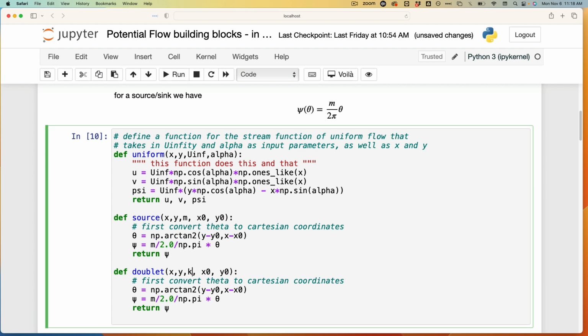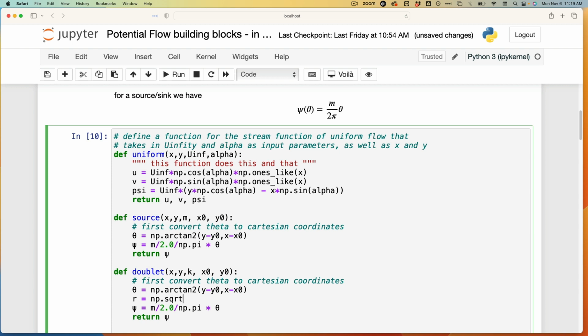I'm going to give it the symbol K to be clear. For the doublet, we had a sine theta over r. So I still need this theta, but I also need to compute r. And r is simply the square root of x minus x0 squared plus y minus y0 squared, because everything is in reference to the doublet.